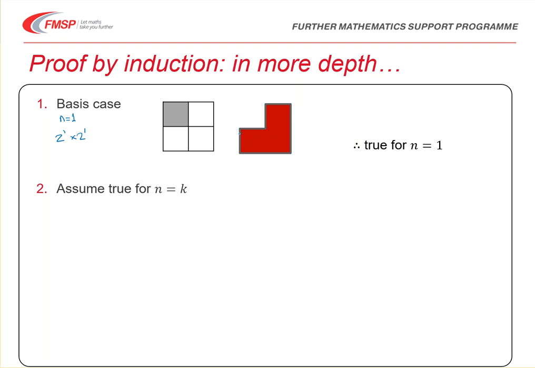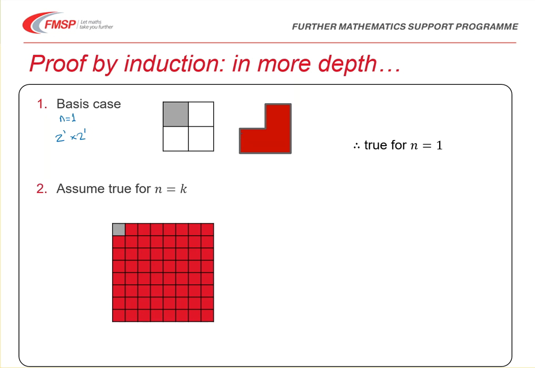For step 2, we assume that the n equals k case is true. Now, although I've drawn this grid here as an 8 by 8 grid, what I'm really representing is a 2 to the power k grid. So it's 2 to the power k squares in that direction and 2 to the power k squares in that direction.